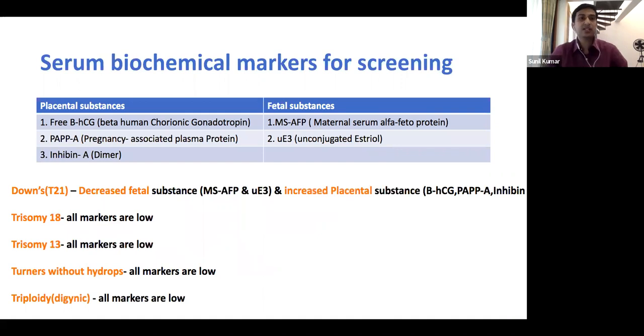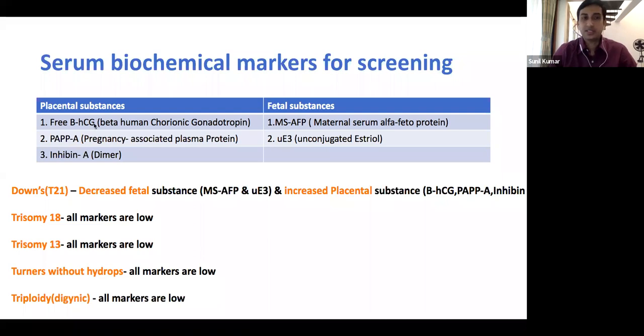So let us study what serum biochemical markers there are. Broadly, these biochemical markers are substances of either the placenta or the fetus.